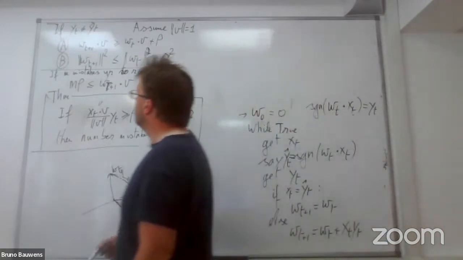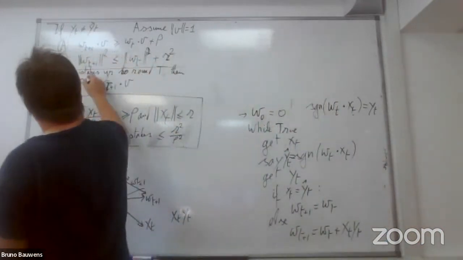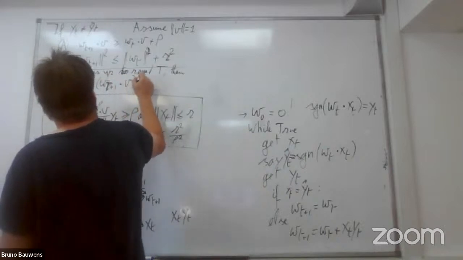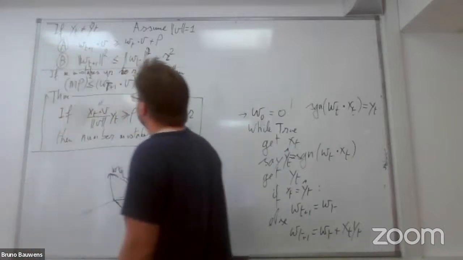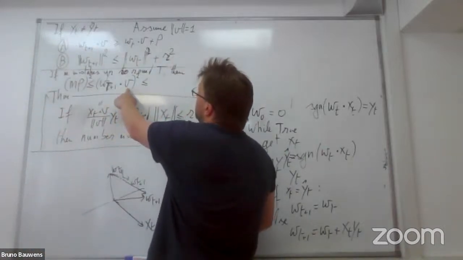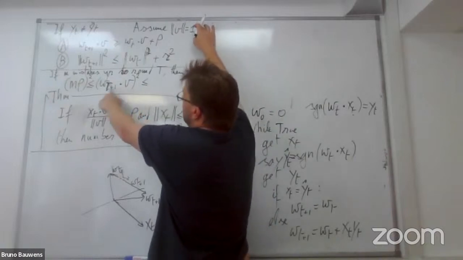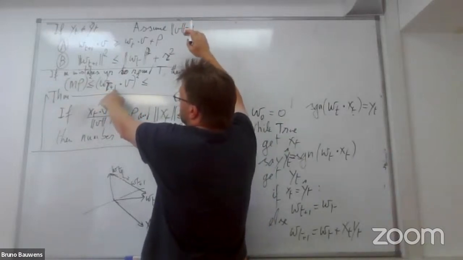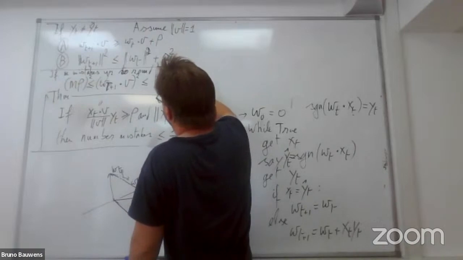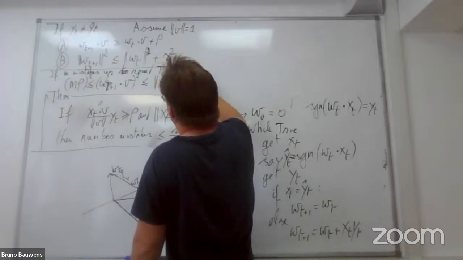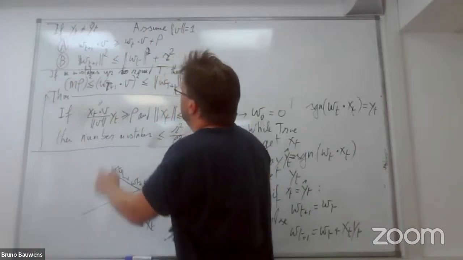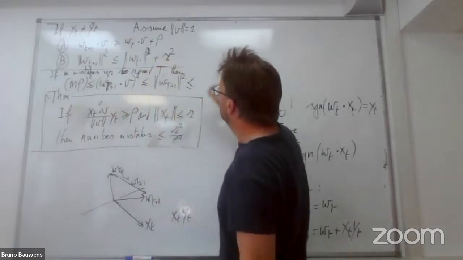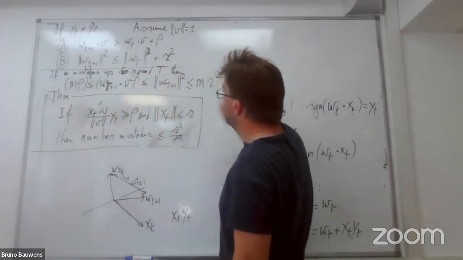Okay, so then let's take the square of this and apply Cauchy-Schwarz. So this is norm squared of V, which is 1, times norm squared of W T plus 1. And by B, this is M times R squared.